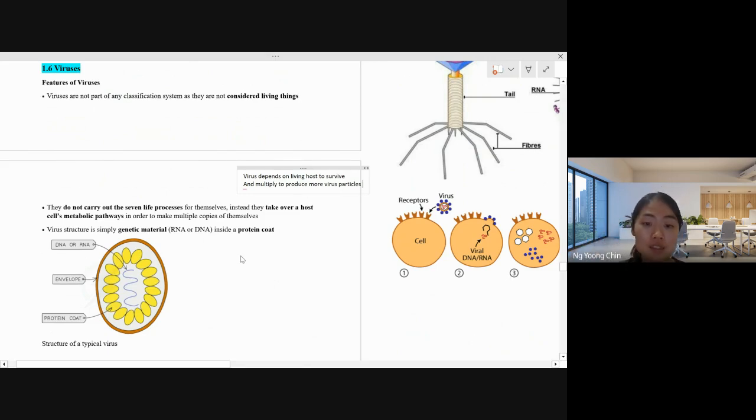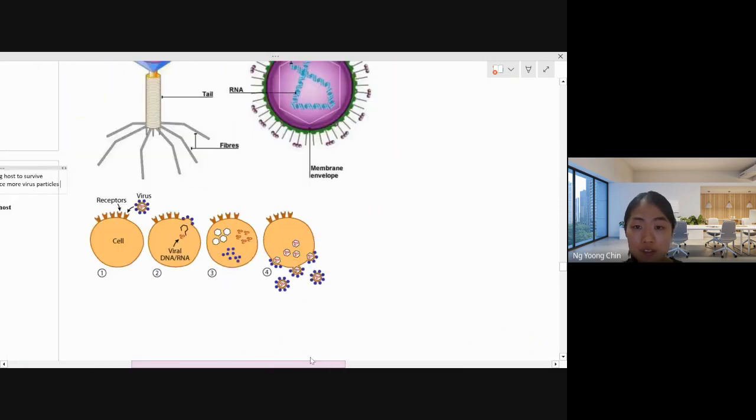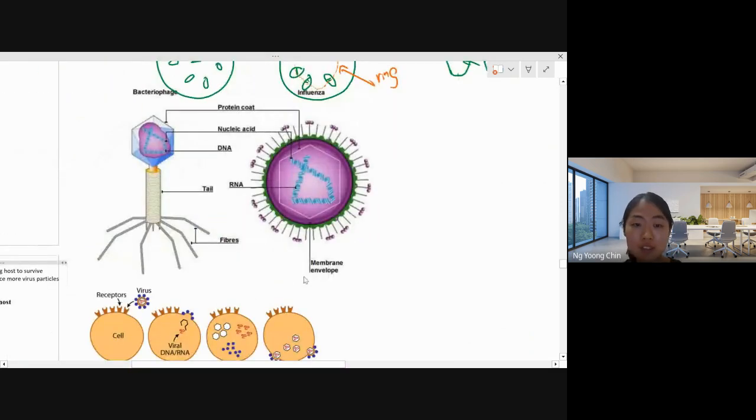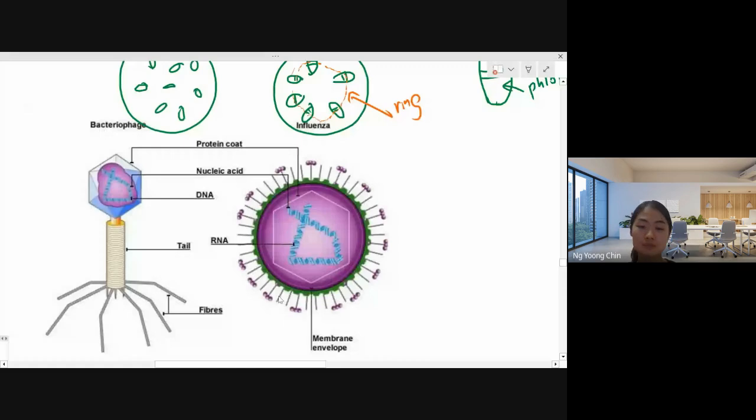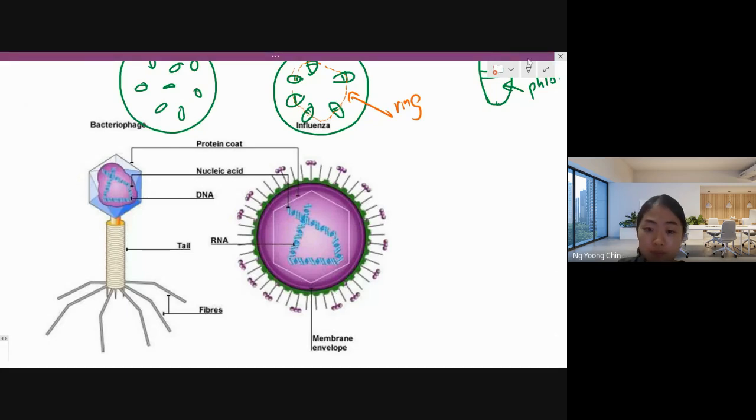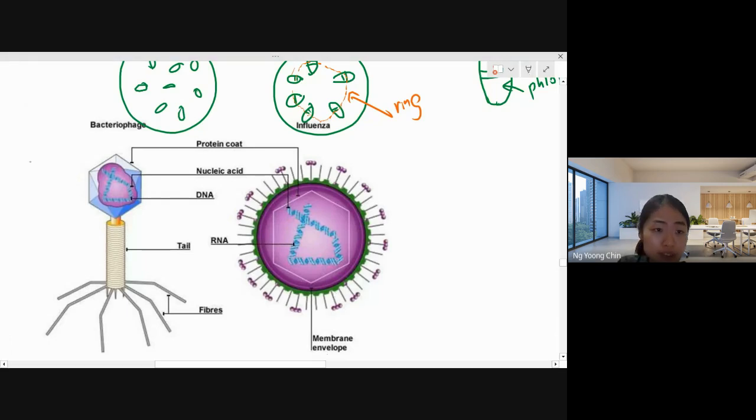So this picture shows the virus structure. Viruses appear in many forms, but the majority appear in these two kinds of forms. This first one and the second one.